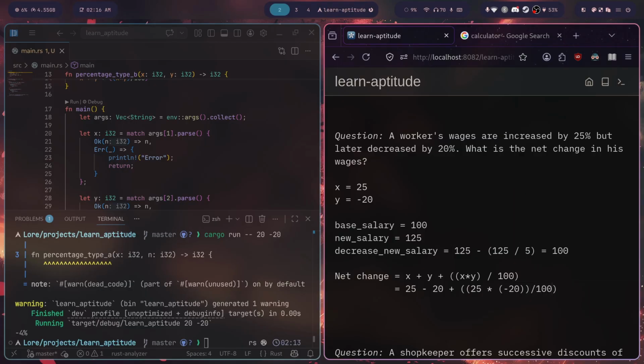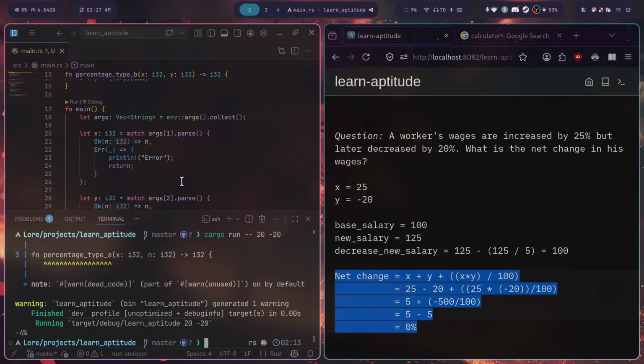And it will be 100. So 25 minus 20 would be 5, plus 25 into 20, 500, so minus 500 divided by 100. So this will result in 5 minus 5, 0. So 0% net change. So this formula was valid.